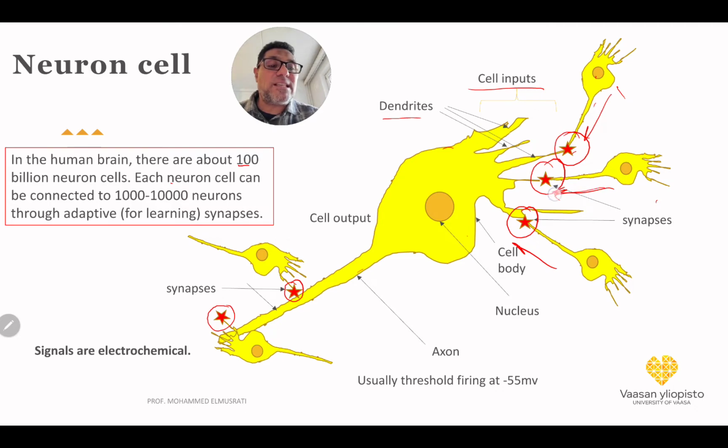When this chemical comes to the synapse during the learning, the synapse works as a gate, so it might let the signal go through, or it might block it. Through this blocking and allowing, it makes the adaptation in our brain, in order to learn or to memorize, and many things are related to these synapses.